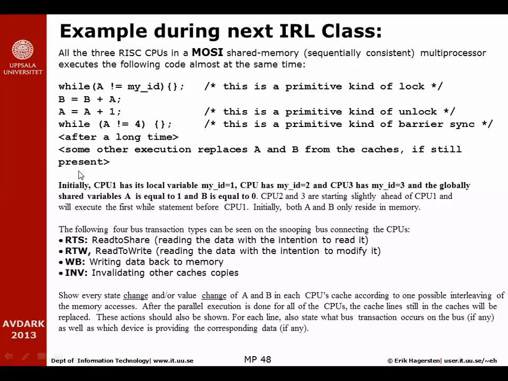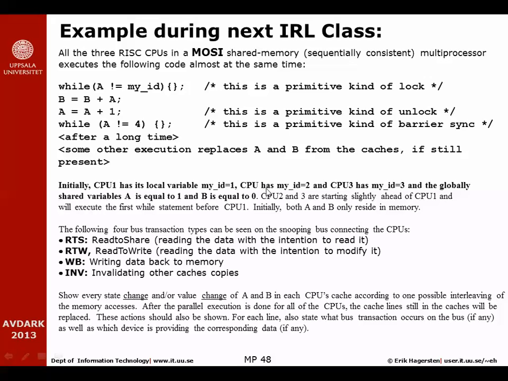The initial state of those machines is defined here. We are going to assume that CPU1 has some kind of local variable called myID that only it can read, maybe a special register that you access when you read myID, and that register contains the value 1.